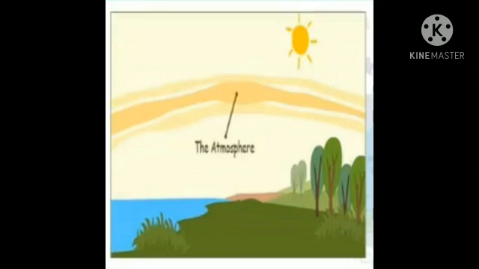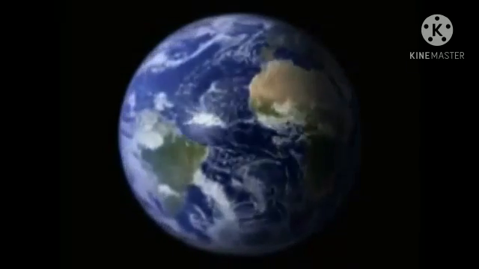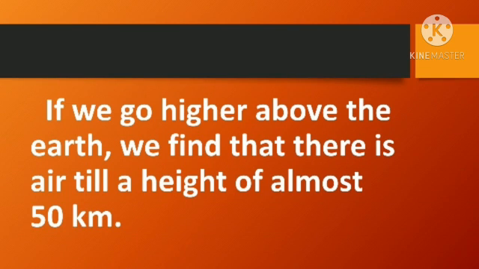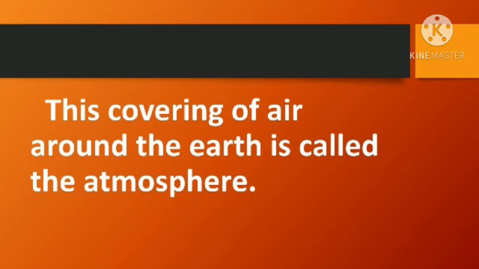The earth on which we live is round in shape like a ball. There is air all around the earth. If we go higher above the earth, we find that there is air till a height of almost 50 km. This covering of air around the earth is called the atmosphere.